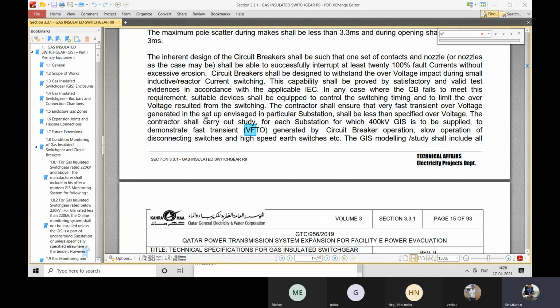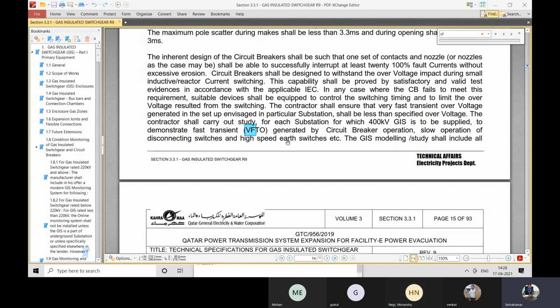And in the setup envisaged in the particular substation, it should be less than the specified over voltage. The contractor shall carry out the study for each substation for which 400 kV GIS is to be supplied, to demonstrate the fast transient VFTO generated by circuit breaker operation and slow operation of the disconnecting switch. As Venkat mentioned, the source is predominantly the slow operation of disconnecting switches in the GIS.